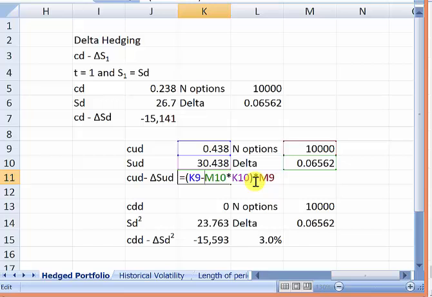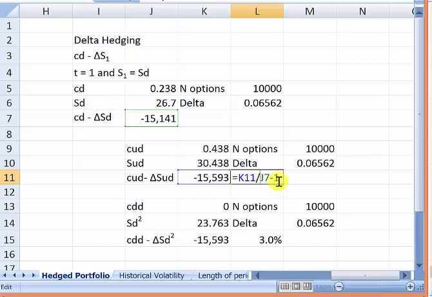Same calculation as before: call minus the underlying price times delta, and everything adjusted using the brown one, the 10,000. Again, look at how this position has evolved: 3%.